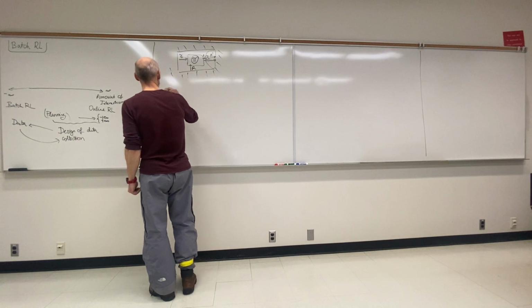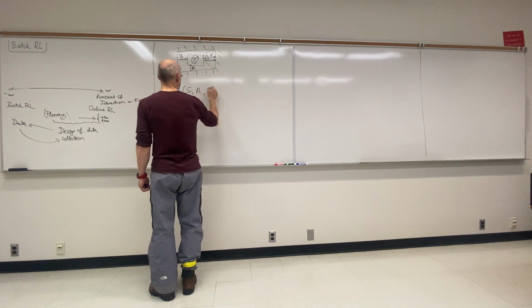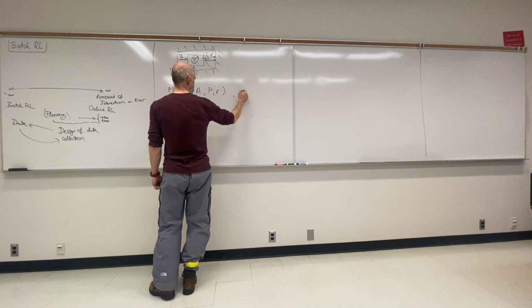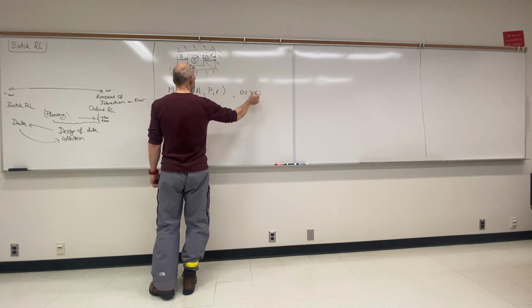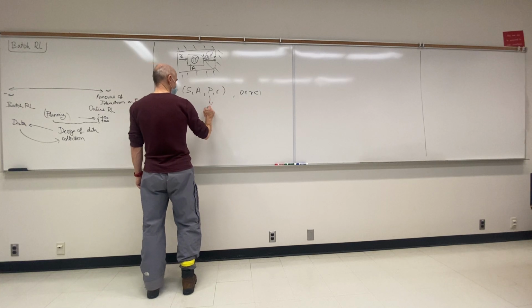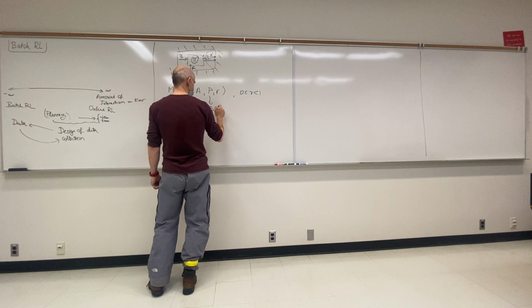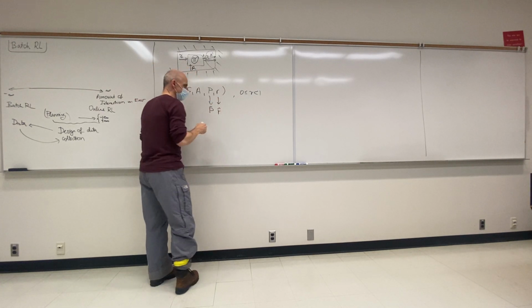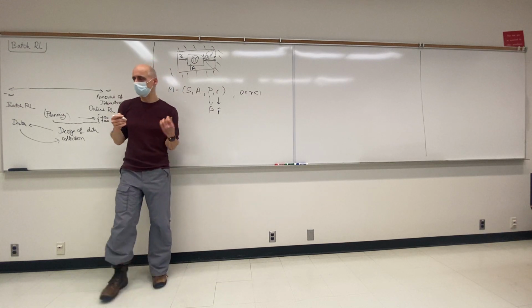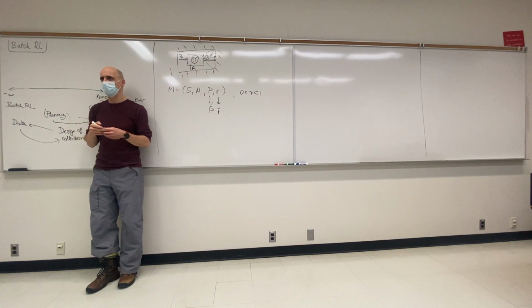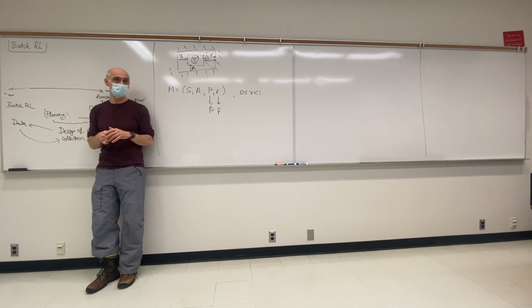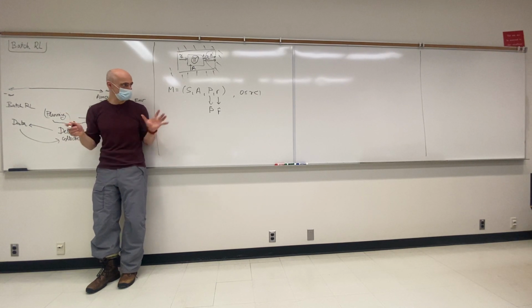So what is an MDP? An MDP is S, A, P, R, and maybe we have a discount factor, and we're going to swap P for a P hat and R for an R hat, where P hat and R hat are just simple frequency-based statistics, like averages.